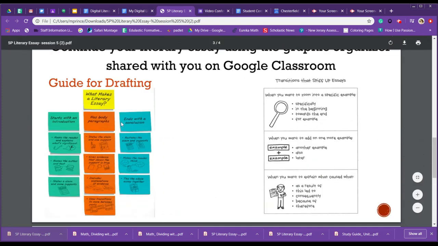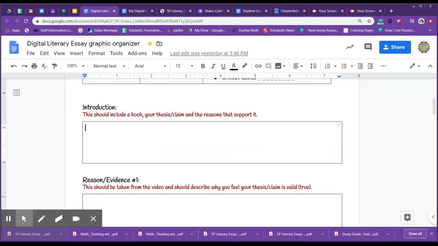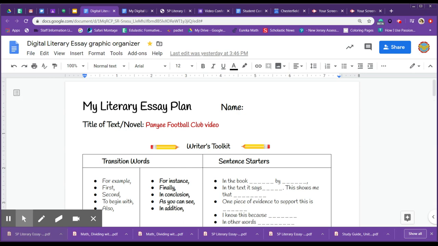If you remember, the parts of an essay are the introduction, body paragraphs, and a conclusion. To help you with this, we created a graphic organizer for you to analyze, for you to jot down your thoughts after analyzing the work that you've already done.